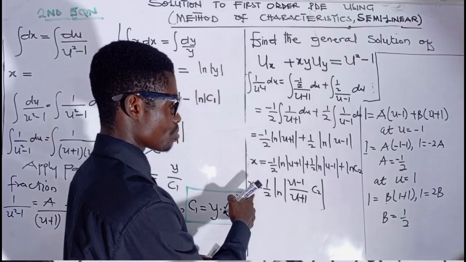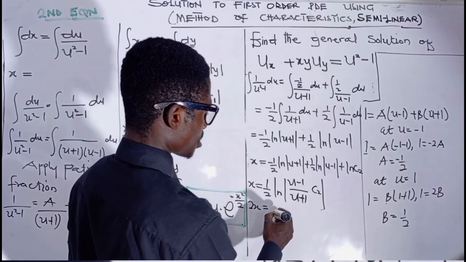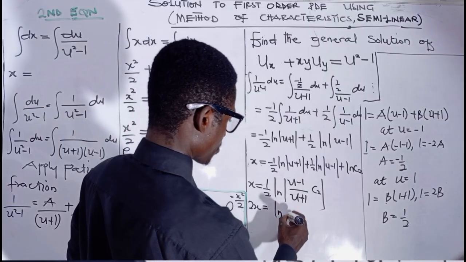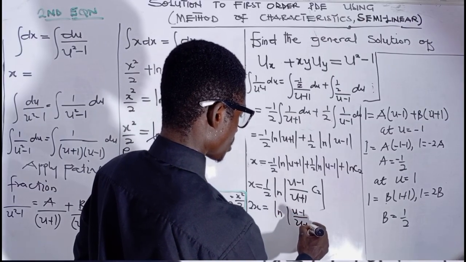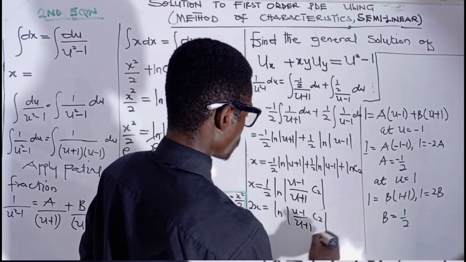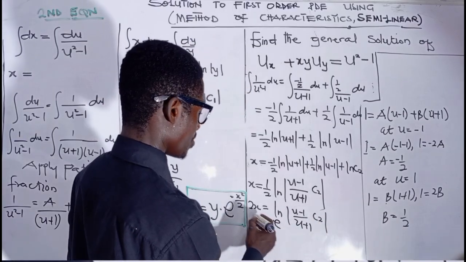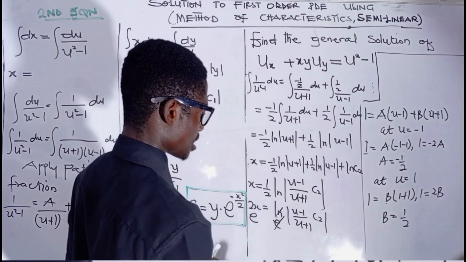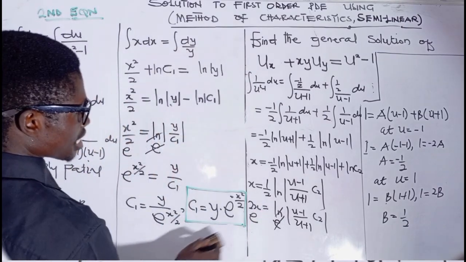So let's multiply through by 2. So we are going to have 2x is equal to ln of u minus 1 over u plus 1, and then we have c2. We want to make c2 the subject, so let's take the e on either side of the equal sign so that this will cancel the ln, and we'll be left with what? Let's continue from this side.